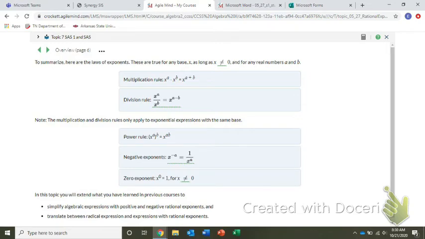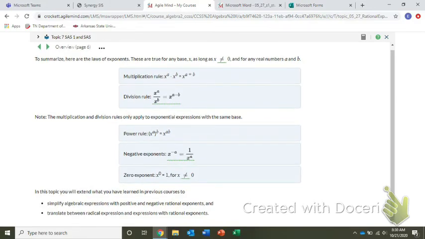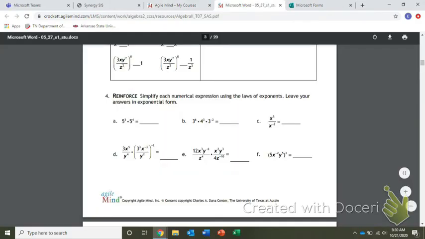Now, the last 3, we have the power rule. Remember, for the power rule, we just multiply our exponents. For the negative exponent rule, you just flip it and use the positive exponent. And the last one, anything to the 0 power equals 1. Okay? All right.